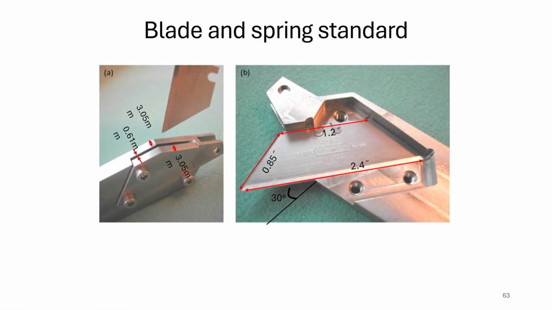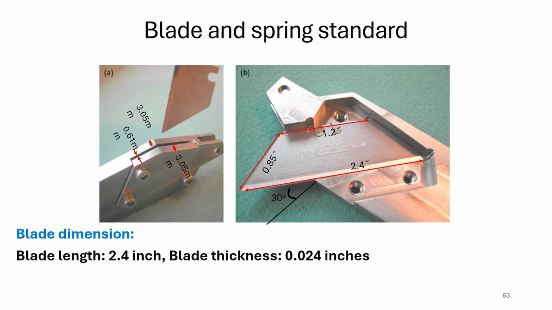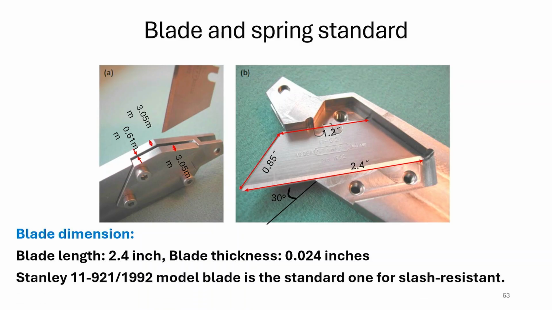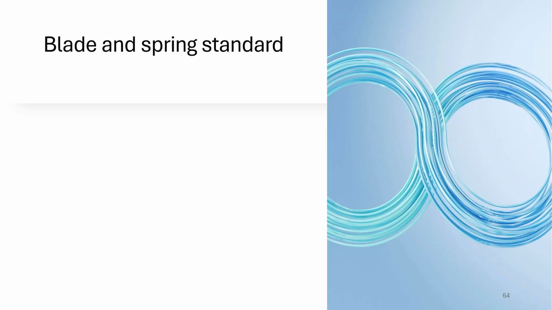This is the standard blade, used with the standard specification. The blade length is 2.4 inch and the blade thickness is 0.024 inch. A specific Stanley model of blade is used. Now the spring standard.